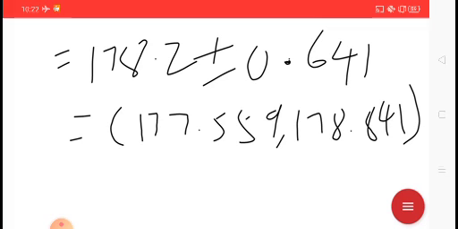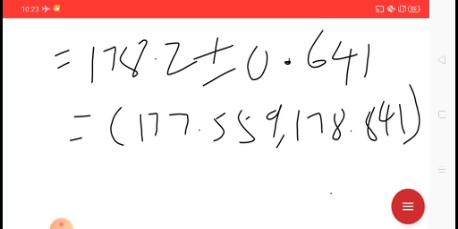Right, so this is the 80% confidence interval. This part you may simplify to 3 SF, 178 until 179. So this is for part 2.